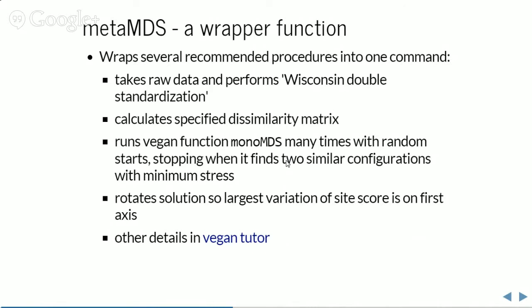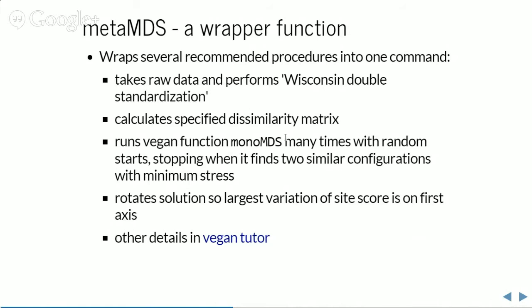Abundance matters for things like Bray. So if you're not concerned about species abundance and you're just looking at composition, then you're going to want to standardize it first. Then it calculates the specified dissimilarity matrix, and then it runs the vegan function monoMDS a bunch of different times, however many times you specify, with random starts.